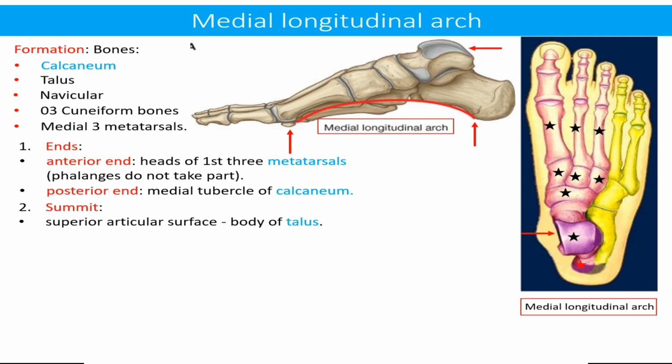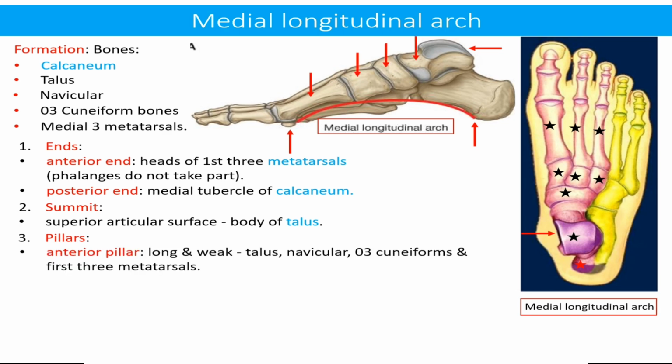Summit of the arch is made by superior articular surface of the body of the talus. As regards the pillars of the medial longitudinal arch, anterior pillar is long and weak and is formed by talus, navicular, 3 cuneiforms, and medial 3 metatarsals.